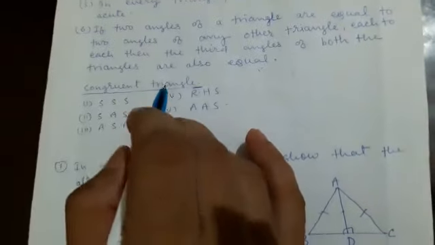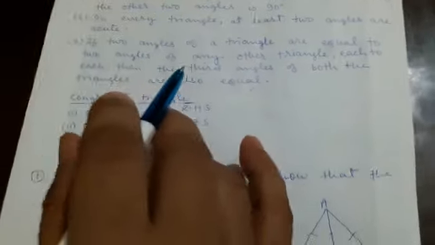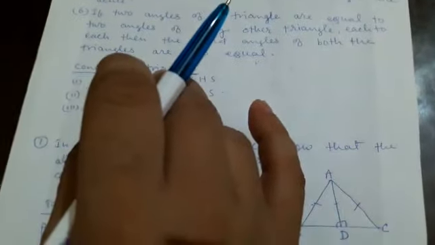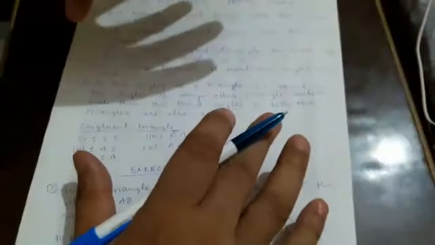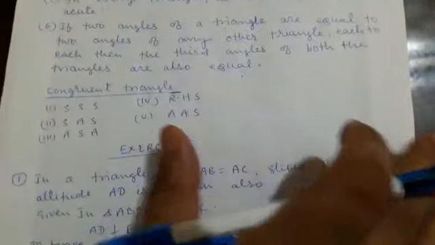Next we will see congruency criteria or congruency rules. Congruent triangles means if there are two triangles, then both the triangles have the same shape and same size. If we put one figure over the other figure, it will coincide, means all the sides will be equal and all the angles are equal.